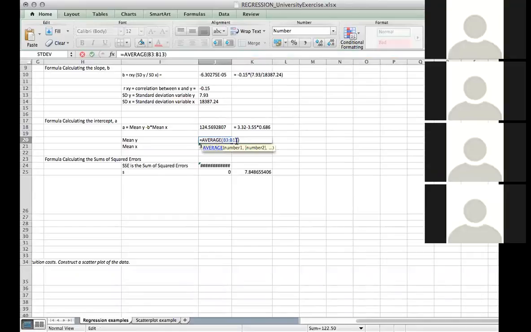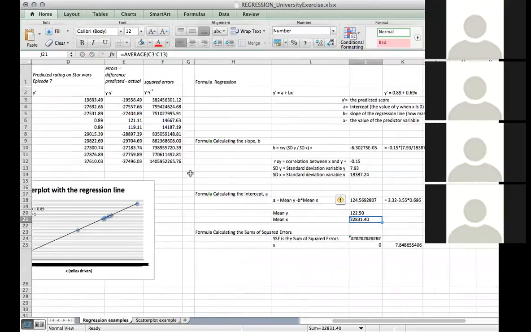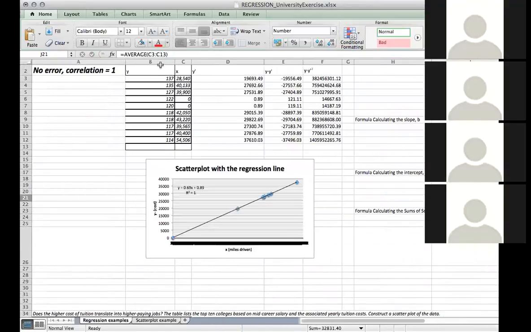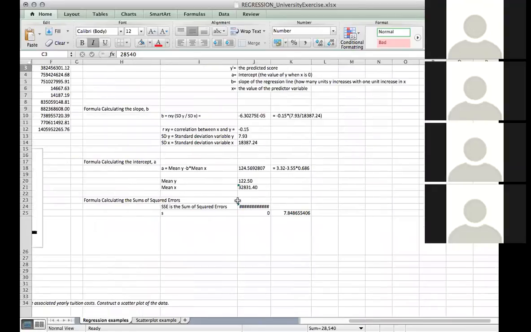So the mean of Y is B3 through B12, right? That's the average salary. So the average salary of our group is 122.50. If we go up here, that's the average salary of this group, 122.50. And now if we want to figure out the average tuition, we get the average tuition here, and that is C3 through C12, which is 32,831.40.